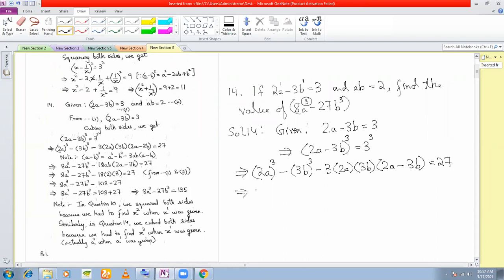So now this becomes 8a cube minus 27b cube. If you multiply 3, 2a and 3b, this becomes 18ab into 2a minus 3b is equal to 27.